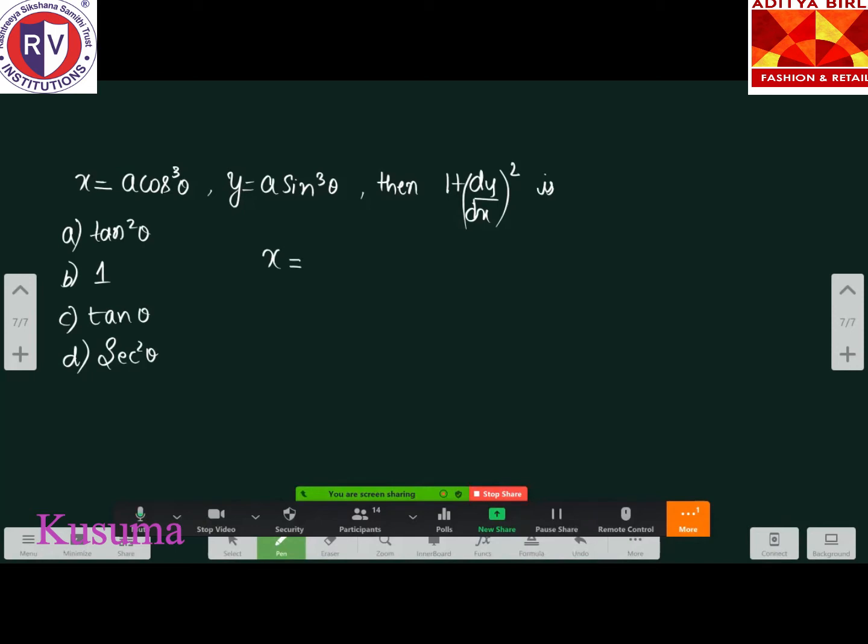Look at this x. X is a function of theta, right? So we have to differentiate this x with respect to theta. Okay, what is dx by d theta?